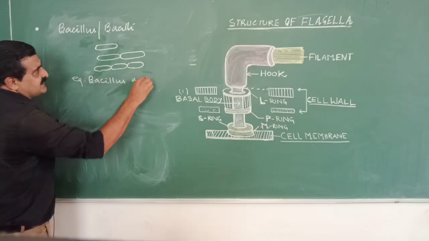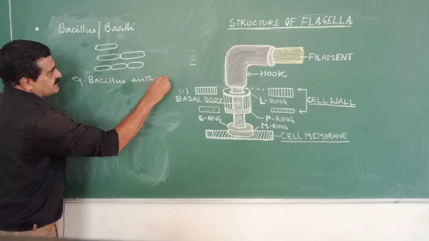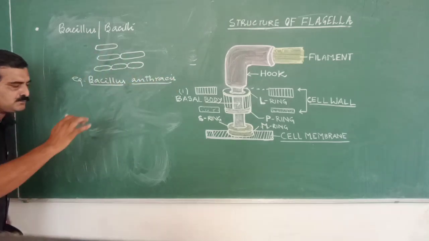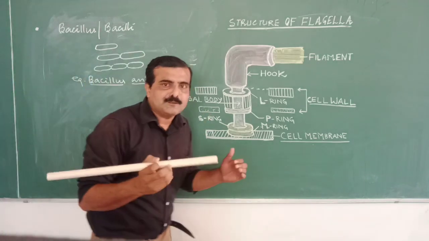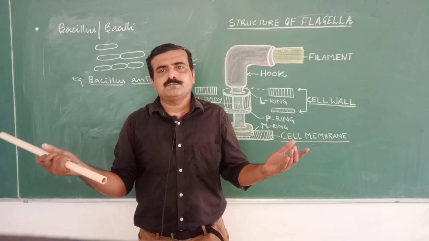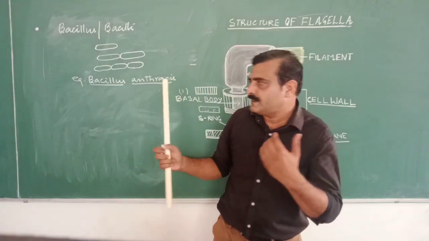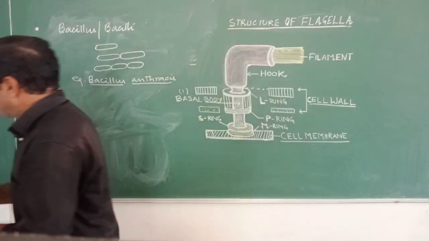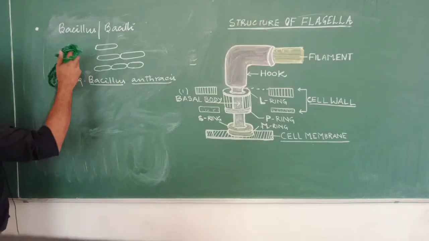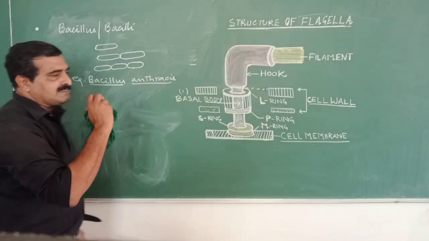Bacillus anthracis is the example of bacillus form. This bacillus is also in pair, Diplobacillus, and in a chain form like Streptobacillus. So the example of rod-shaped bacteria is Bacillus anthracis.